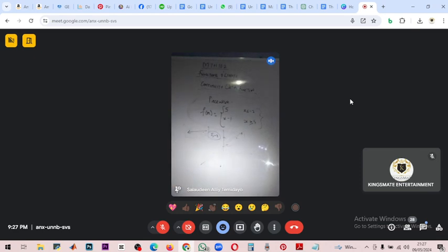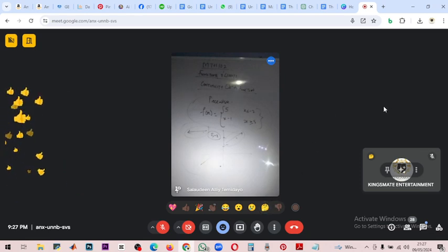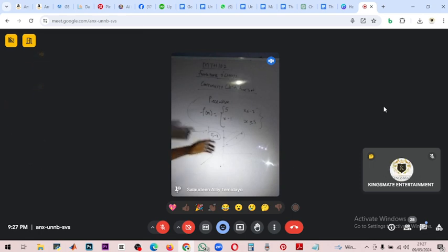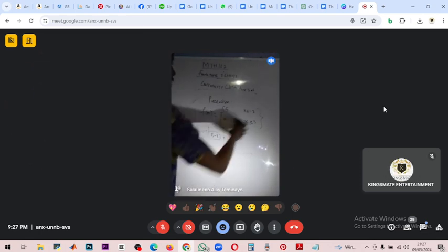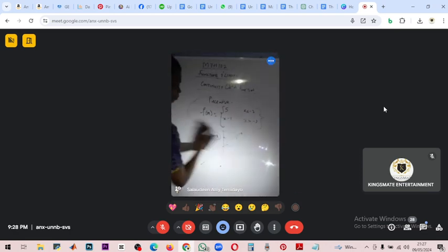Did I explain it? Okay. A piecewise function contains more than one function. I've drawn it. Let's say I'm using x greater than minus 3 now.